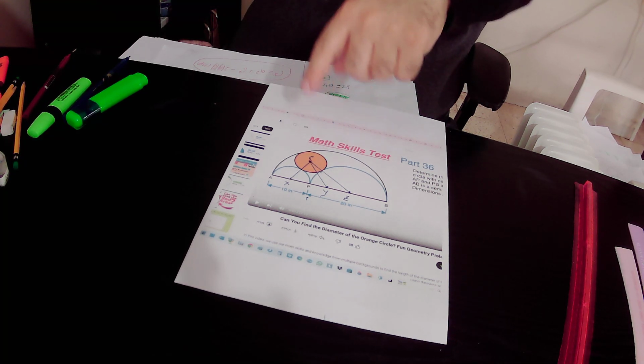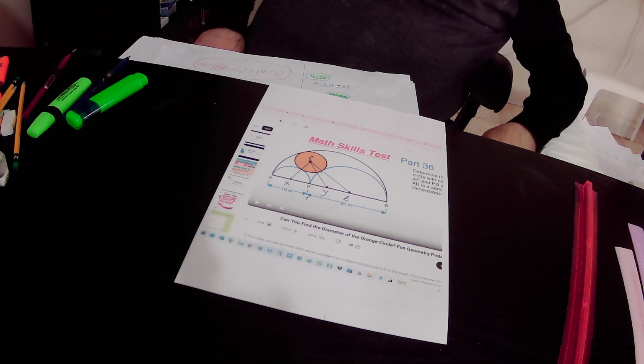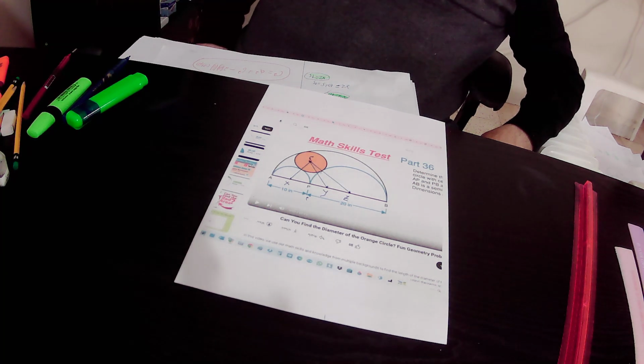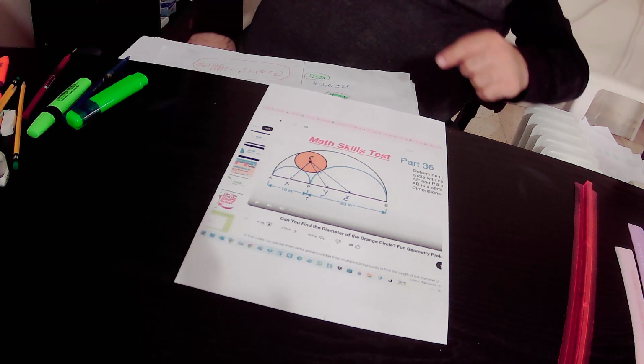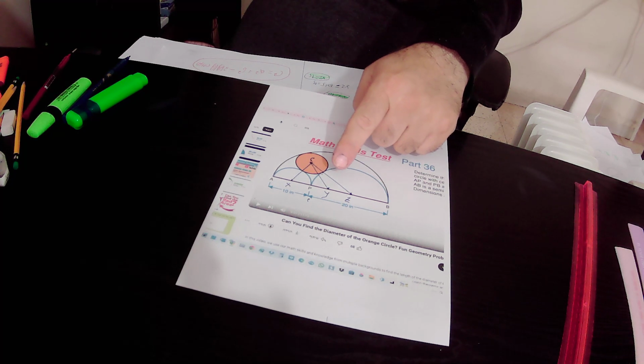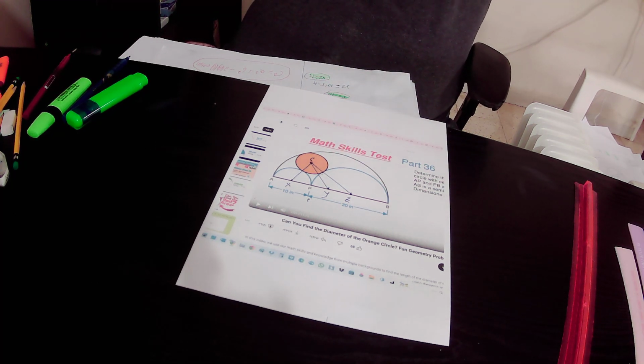This is the point of tendency. And remember, if you have two circles that are touching each other internally, then the distance between their centers will be equal to the difference between the lengths of their radii. In this case, it will be equal to the radius of the biggest semicircle, that is 15, minus the radius of this circle, that is small r. So in conclusion, we found out that Cy equals to 15 minus r.